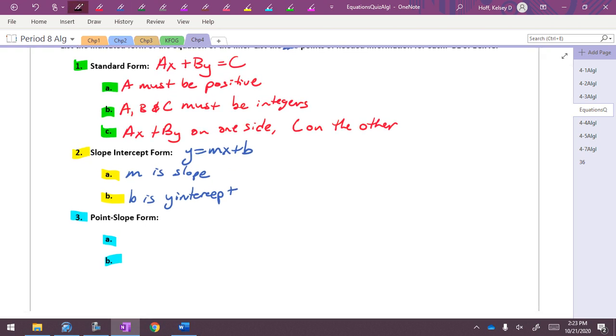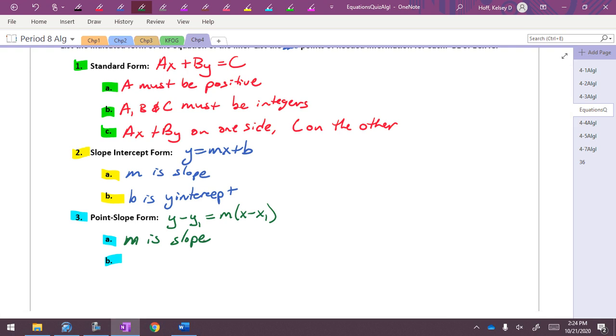Here's the new one from today. Point slope form. Y minus y1 equals m times x minus x1. Make sure you have the ones in the correct spot. First thing you need to know, m is slope.